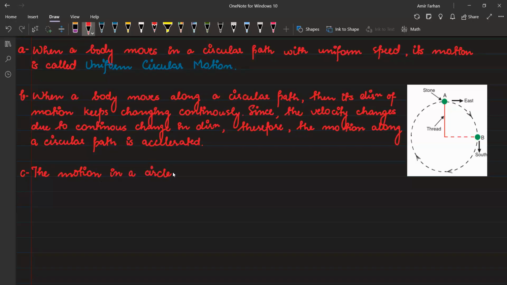Motion in a circle with constant speed is an example of accelerated motion.